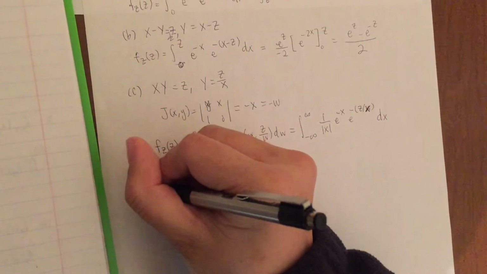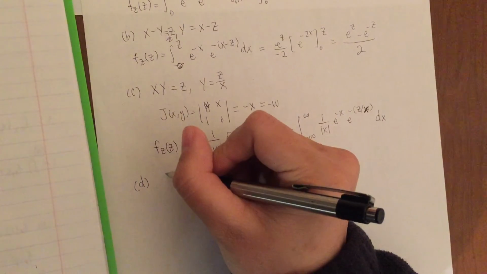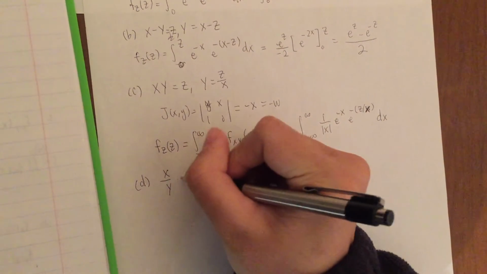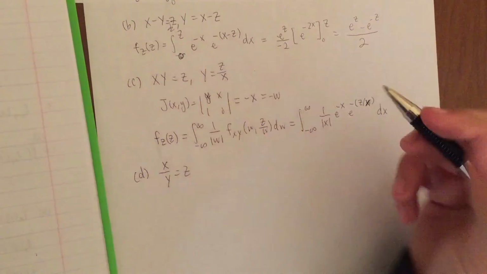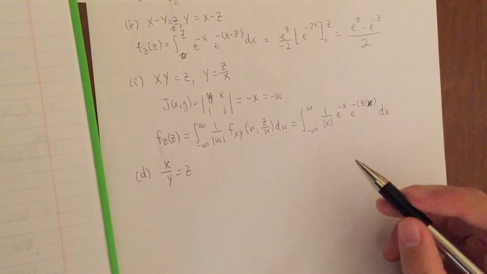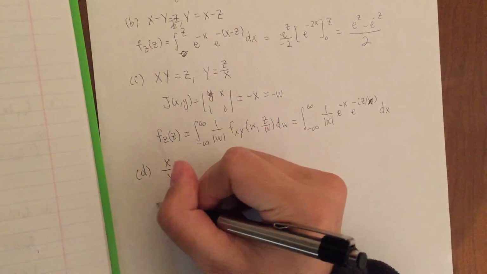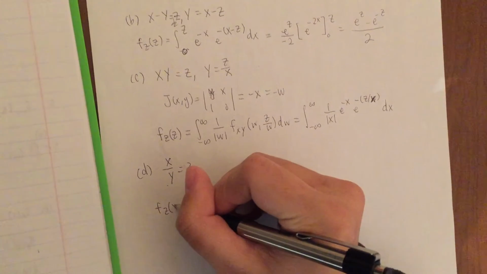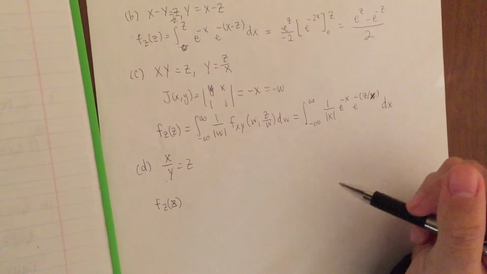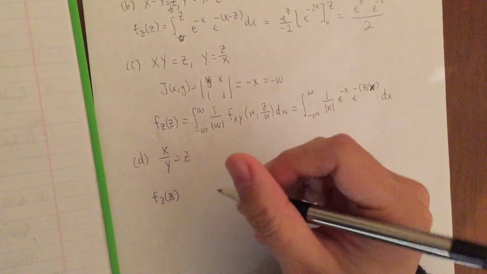And for part D, it's the quotient x over y, so it's equal to z. And this one, you do it pretty much the same as you do it in part C, except that it's not 1 over w, it's just w.